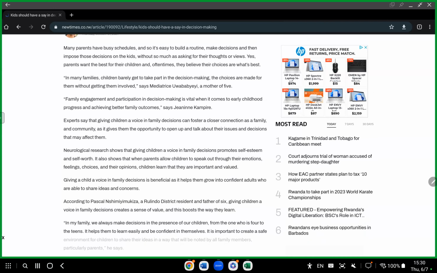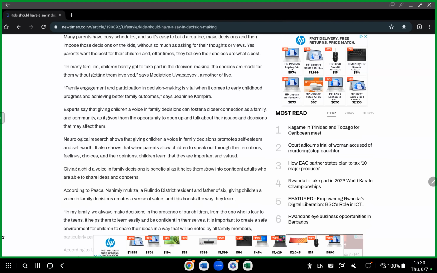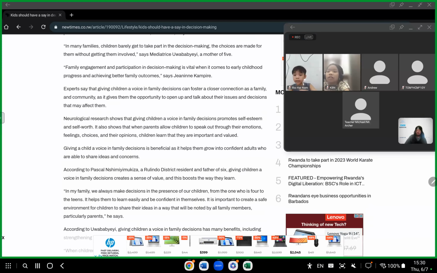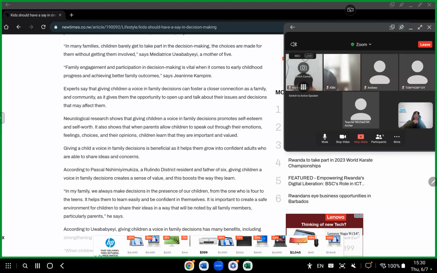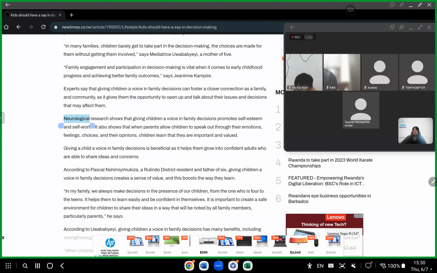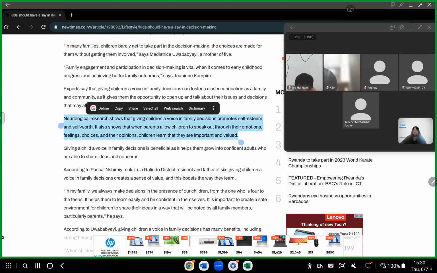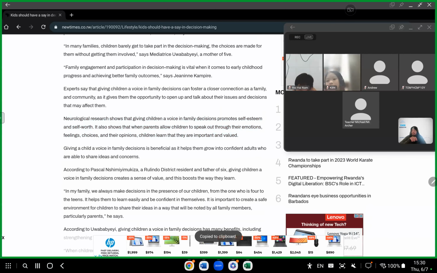Okay, so right here, the paragraph that I'm going to focus on is this one, because it talks about the same issues that I mentioned during my explanation.